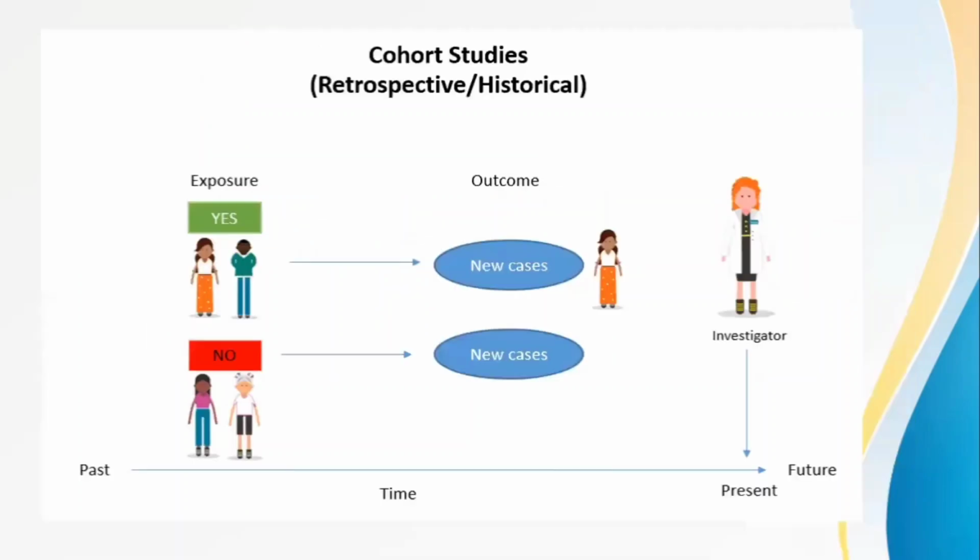What are retrospective cohort studies? In this, they look backwards in time to examine the relationship between the exposure and the outcome. It is crucial to note that in order to be considered a retrospective study, your participants must already possess the disease or health condition being studied.